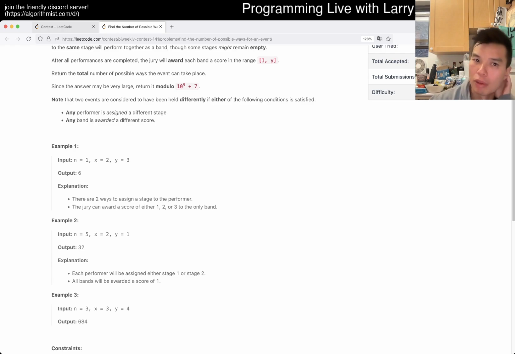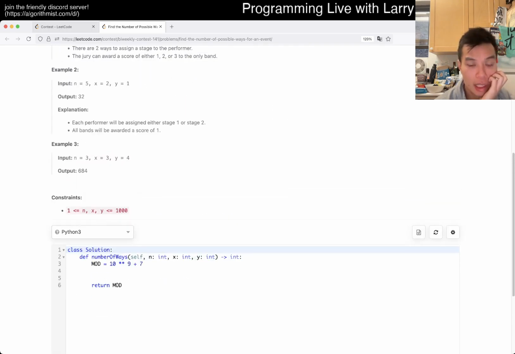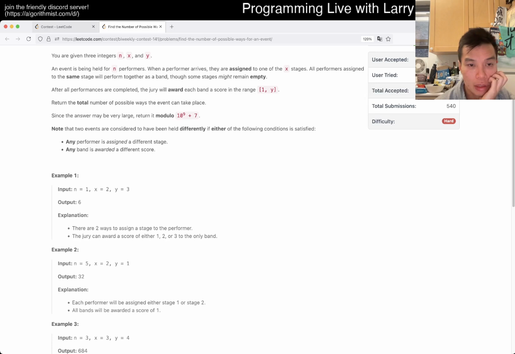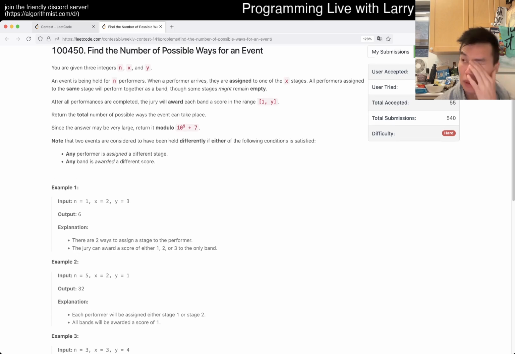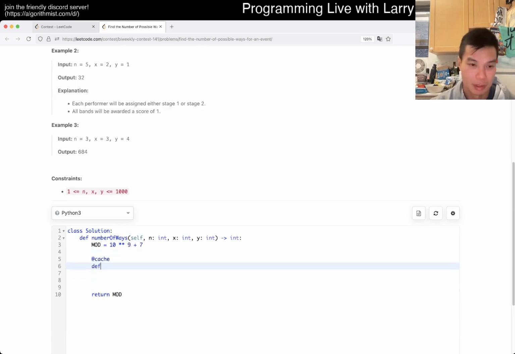So the score part means each number of groups times Y, so that's fine. N is only equal to 1,000, so it's probably DP. So basically we are at... okay, so how many people are left and how many stages are left, right?